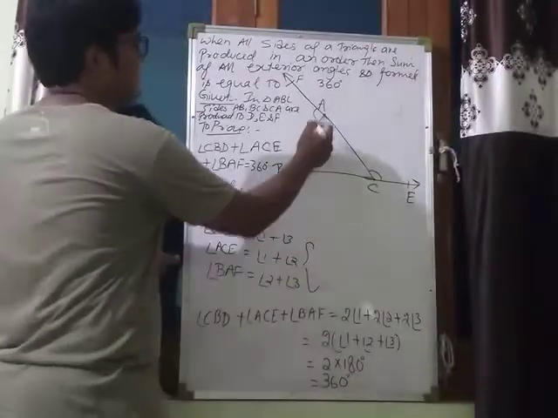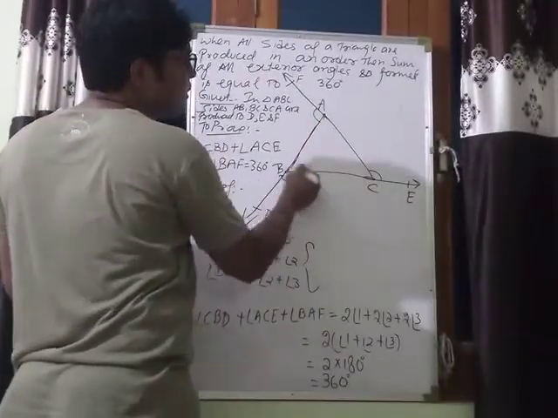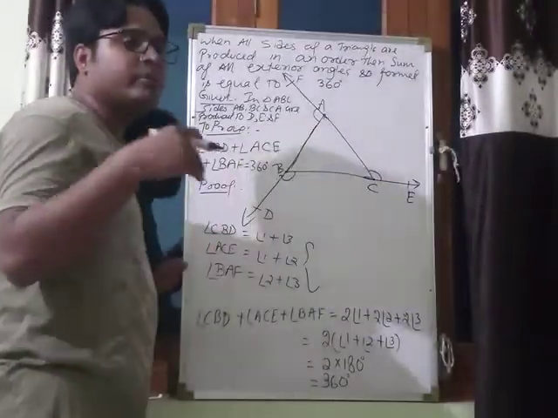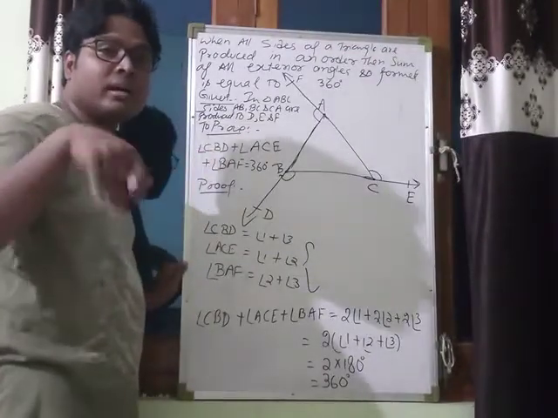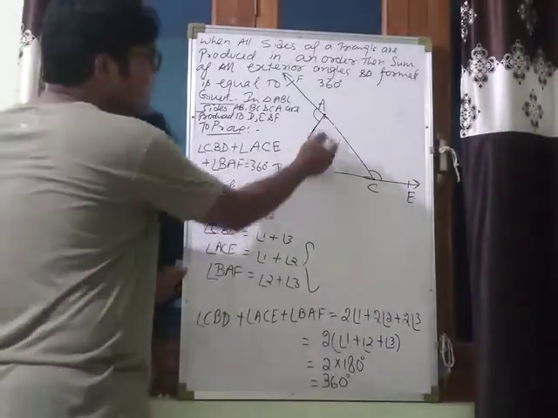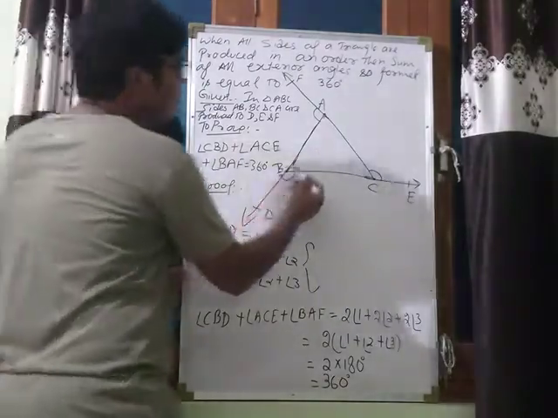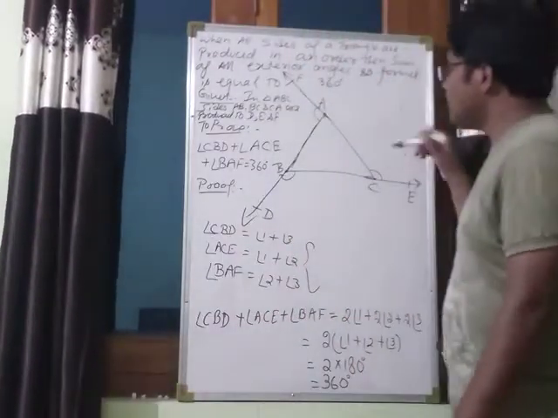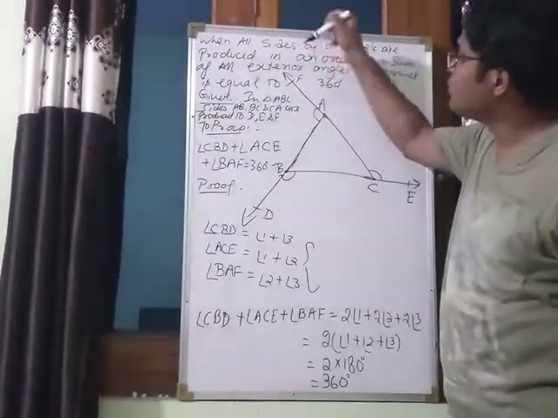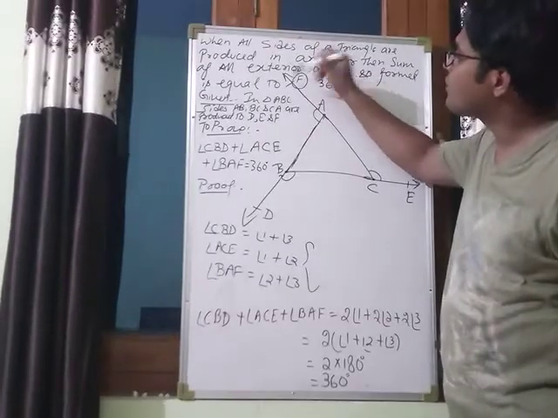See here, this ABC is a triangle, and we have to produce its sides in an order. That means produce AB up to D, then BC up to E, then CA up to F. Okay?